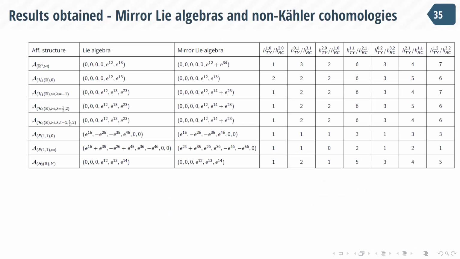So in this table are reported the pairings we obtained with our construction, and they are reported at the level of Lie algebras. And also we have computed the corresponding Bott-Chern and Aeppli cohomologies, providing the first examples of non-Kähler mirror diamonds.